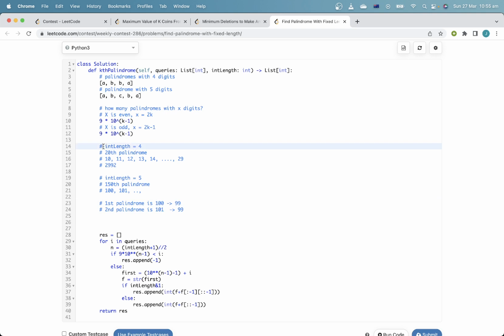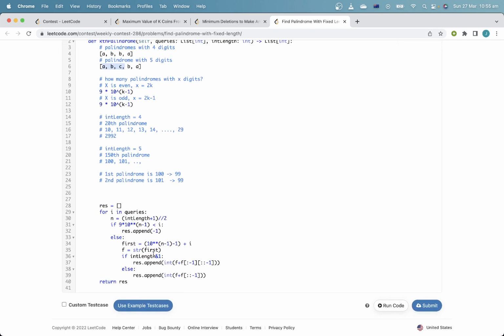If I was to do this with int length of 4, the difference would be 9. And with an int length of 7, the difference would be 999. That's why I'm doing 10 to the power of k, take 1. That's the difference. And then I'm just going to add on the number I want. So that gives me f being the first half of the digits.